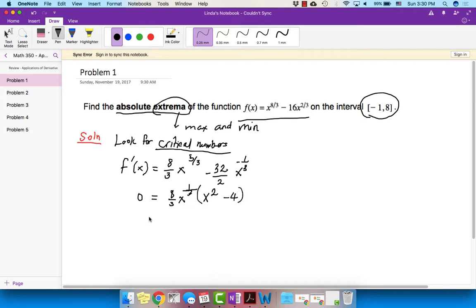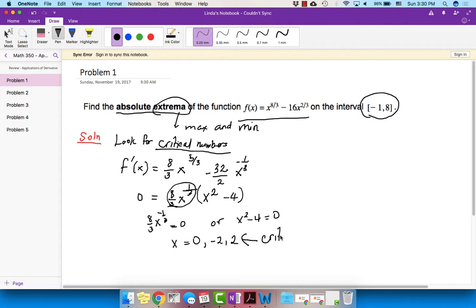If this is equal to 0, then either the factor is 0, or s squared minus 4 equals 0. Solving, I get s equal to 0, or -2, or 2. What are these? These are the critical numbers.